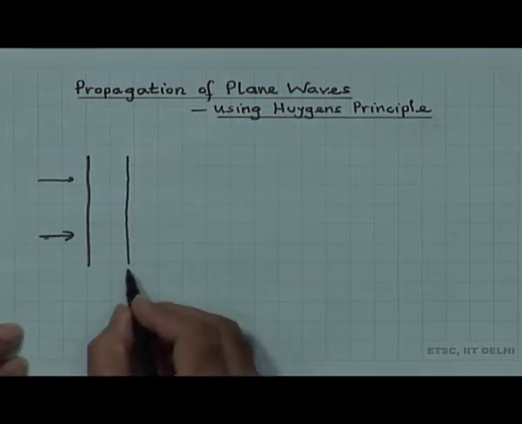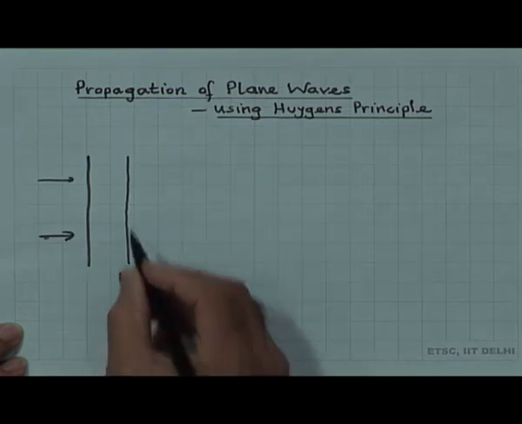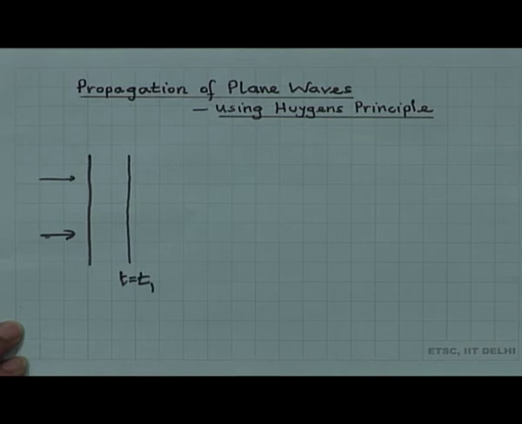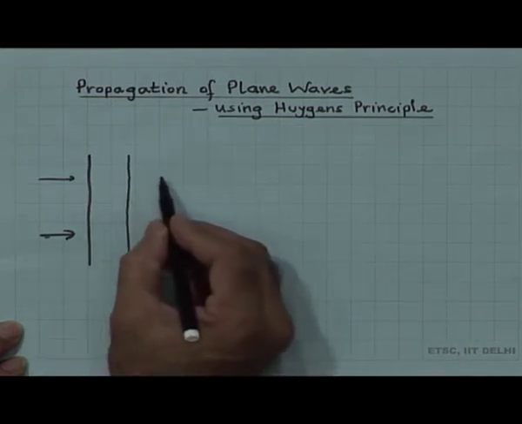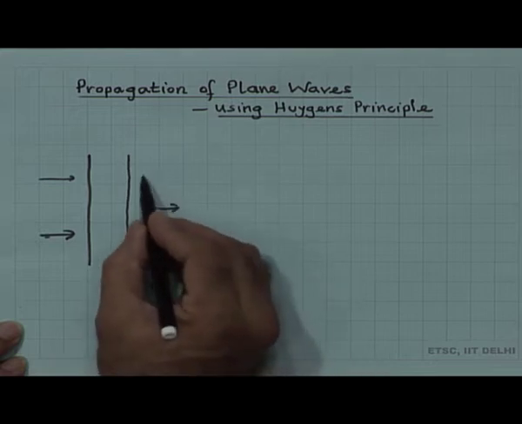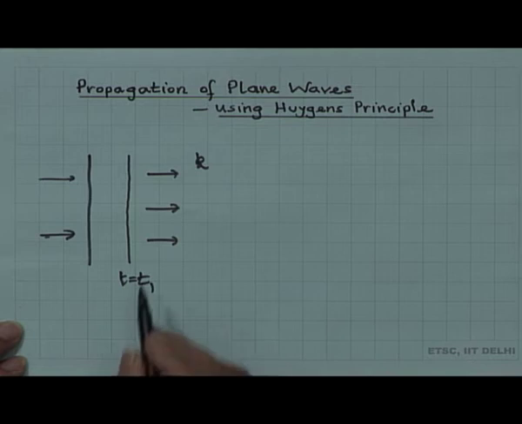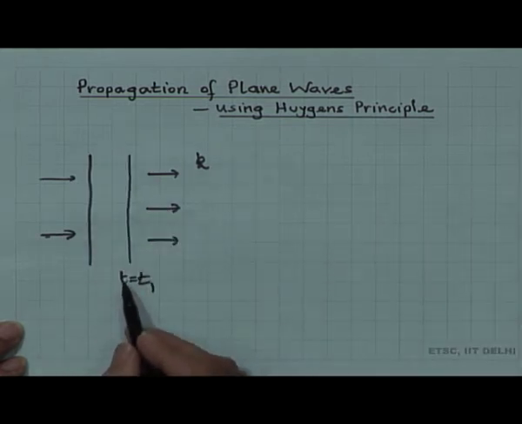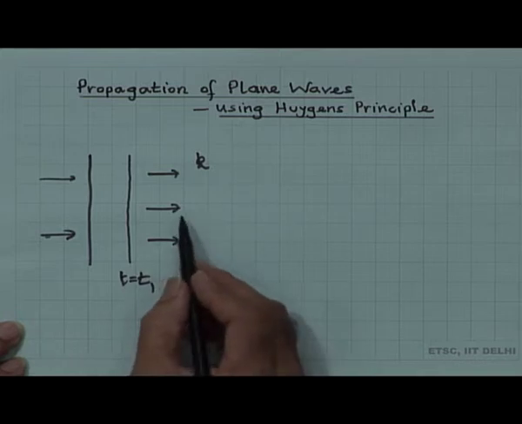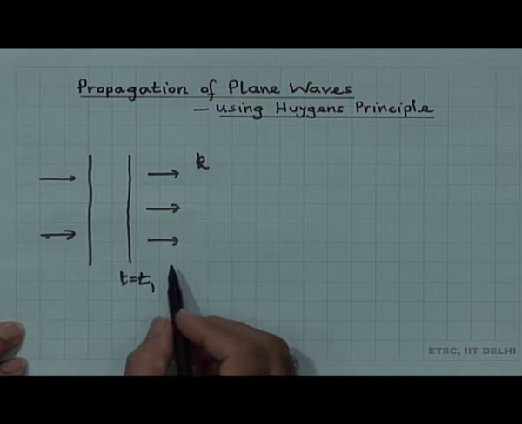Now, this is the wave front at t equal to t1, a plane wave front which is propagating in a particular direction, and therefore, the k vector. These arrows represent the direction of k, and this could be the x direction. In that case, the wave is represented by a cos k x minus omega t. So, here is the propagating direction.